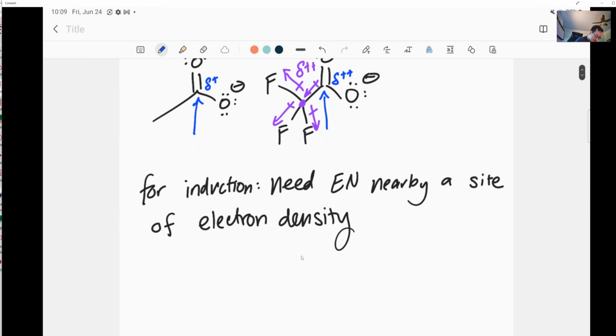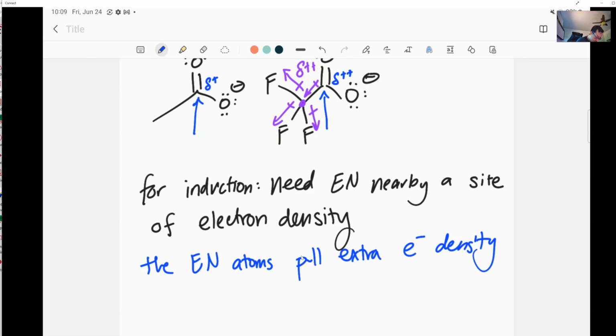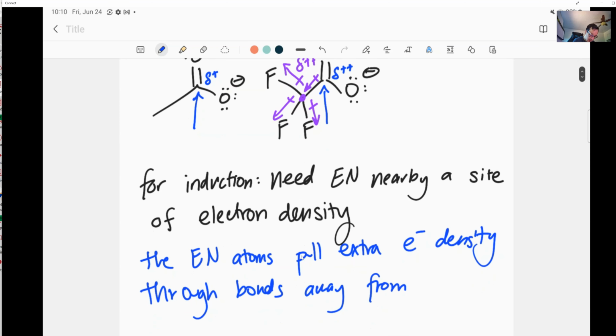So what happens is these electronegative atoms will pull extra electron density through bonds away from the negative charge area.